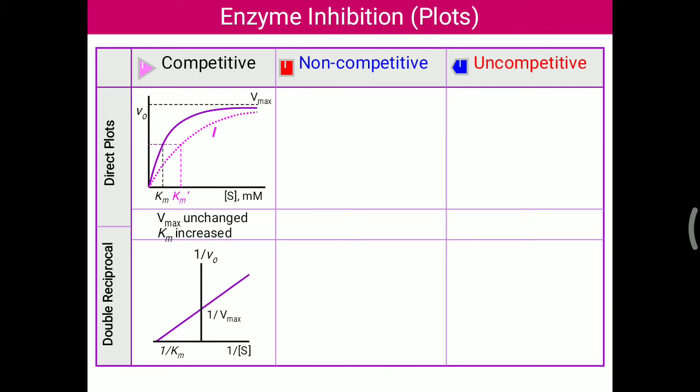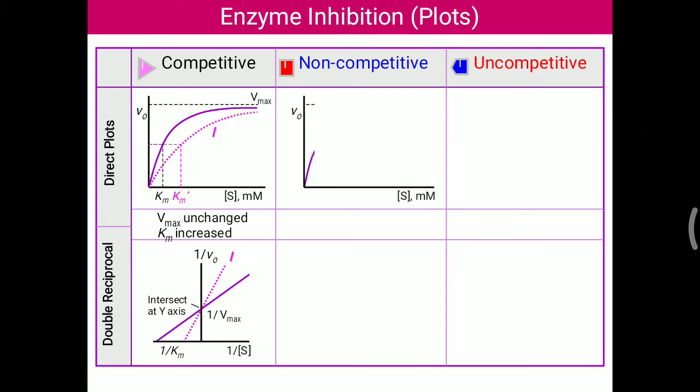We get the same thing in the double reciprocal plot, which is very easy to get when a limited concentration of substrate is present. This double reciprocal plot shows both lines intersecting at the y-axis, where we get Vmax. So Vmax remains unchanged, but the Km value is increased when a competitive inhibitor is present.